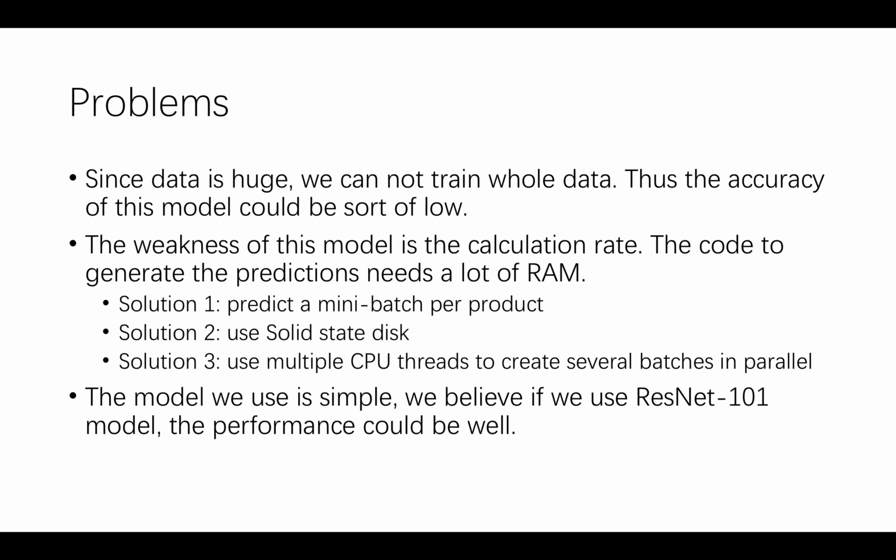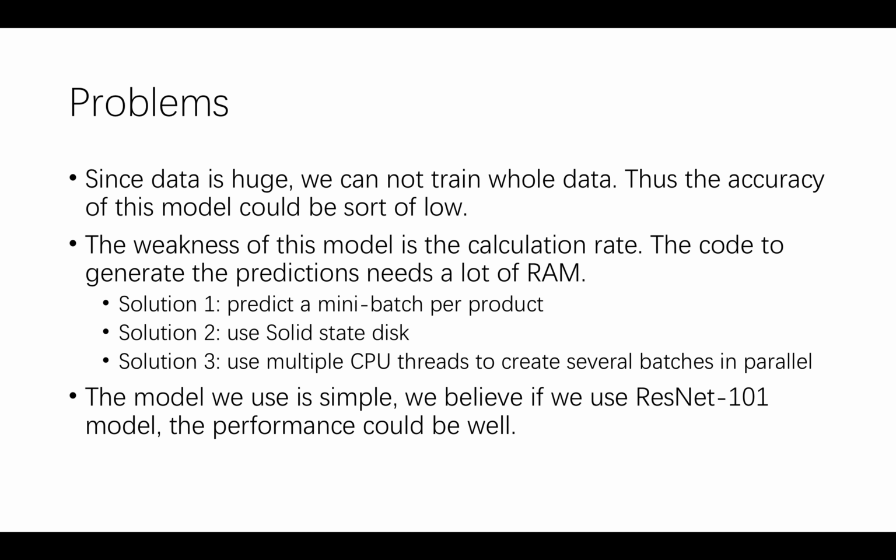I think there are some solutions to this. The first is we can predict a mini batch per product, and the second is we can use a solid state disk to store this data, which could be much quicker.